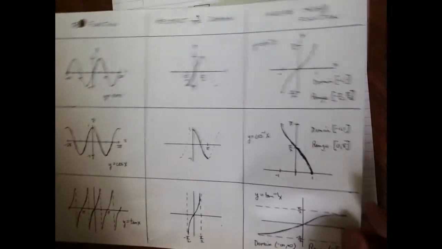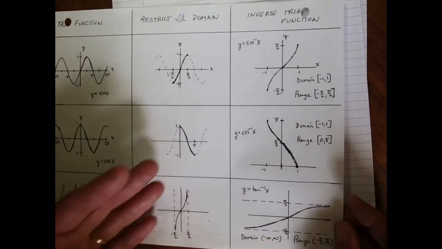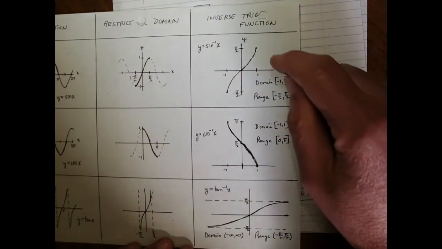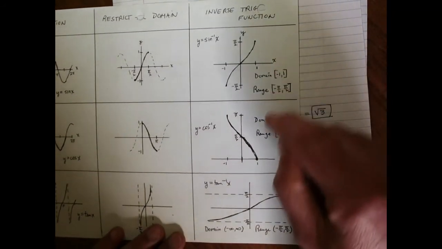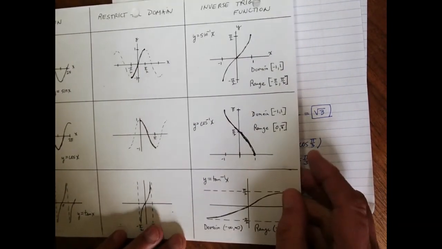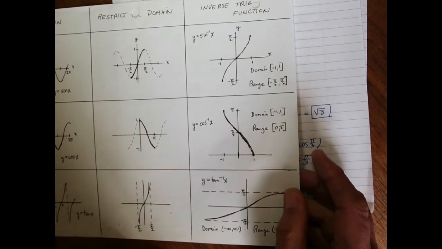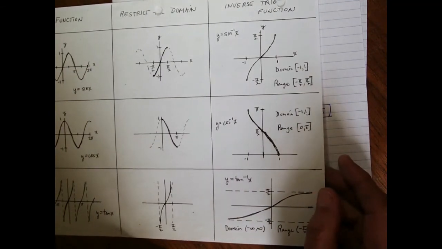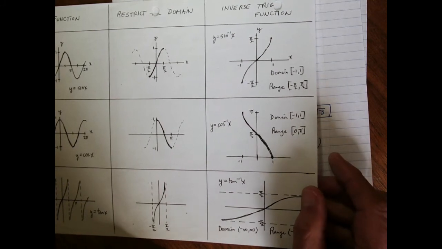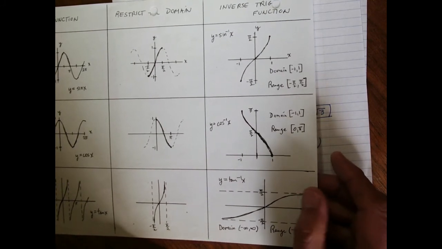So this sheet sums up the graphs of the inverse trig functions that you are responsible for. I might ask you to graph inverse sine, inverse cosine, or inverse tangent on a test, and here they are. These are the only inverse trig functions we're going to discuss. We are not going to discuss the inverse secant, cosecant, or cotangent at all.